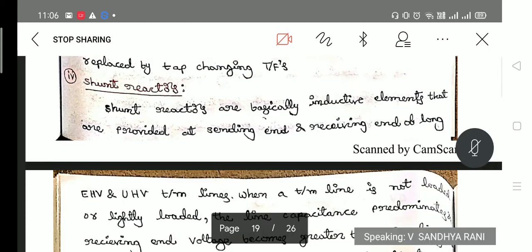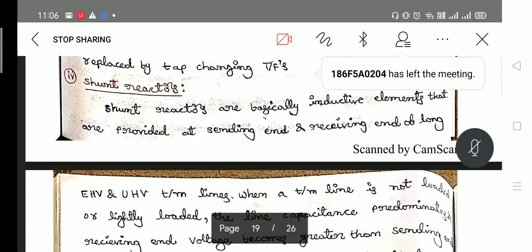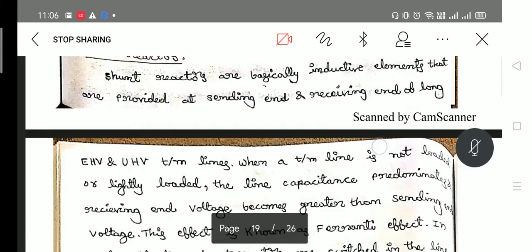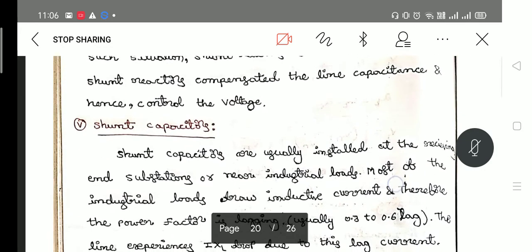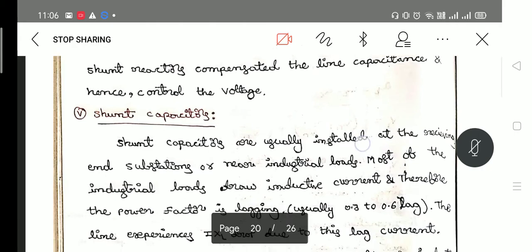That effect is called the Ferranti effect. We can reduce the voltage, we can use the shunt reactors here, controlling the voltage. Okay.